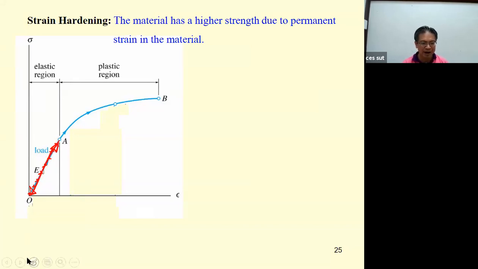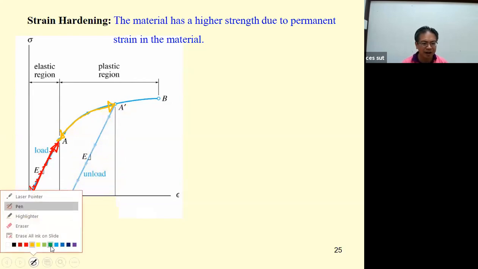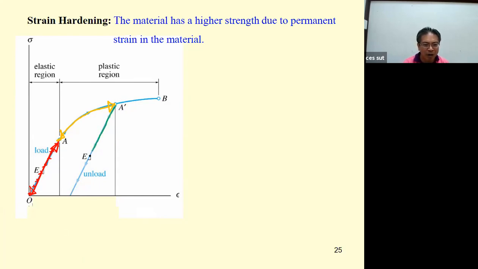Anyway, if you pull the force into the plastic region like this, what happens is when you release the force, the behavior of the structure won't go that way. The behavior of the structure will come down like this, parallel to the linear elastic part. This is called the strain hardening.